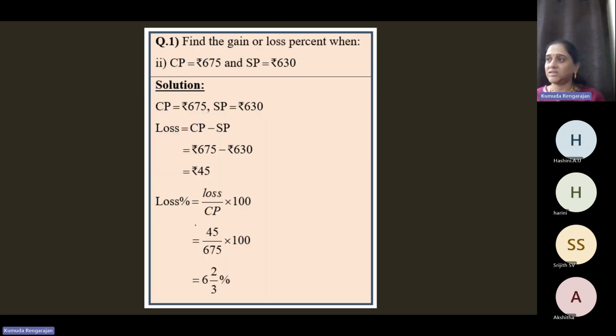So see this, correct? Shrikant, what is the 6.2 by 3 percentage?